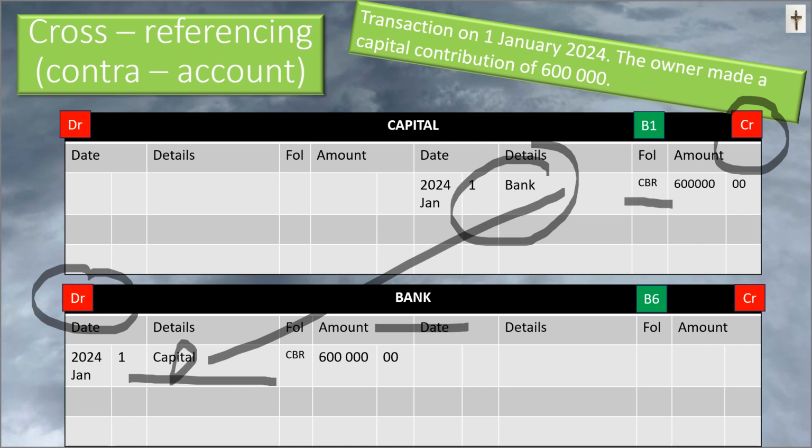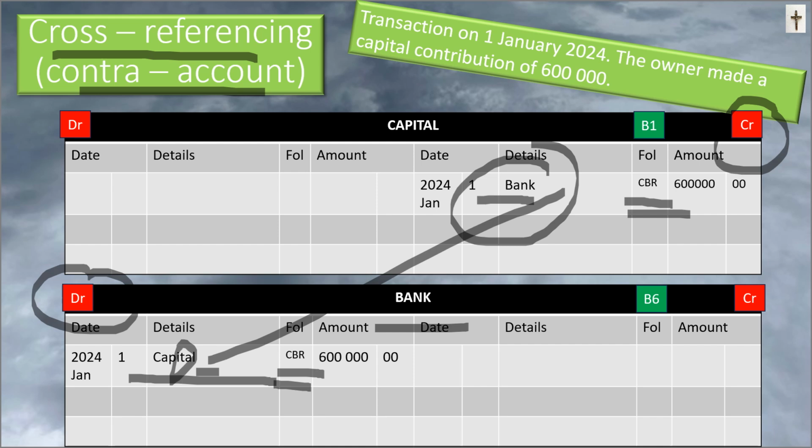And where was this information recorded? It was recorded in the CBR, which stands for cash book receipts. I have also a whole video on the cash book receipts, but I hope you understand what is cross-referencing. Cross-referencing is by filling in the name of the contra accounts in their respective accounts.